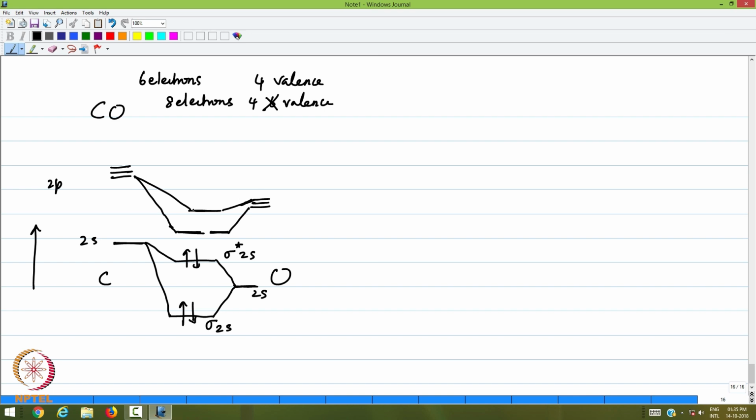So, this is pi 2p x, pi 2p y, and this one is sigma 2p z, where z is the axis for the carbon oxygen bond. Therefore, now you have the remaining, there are 4 already here, and the remaining 6 electrons that you have to put in are here.